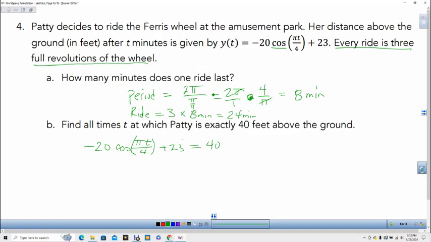So now, let's go ahead and see what we can do with this by hand. So first thing we're going to do is subtract 23. So negative 20 cosine pi t over 4 is equal to 17.